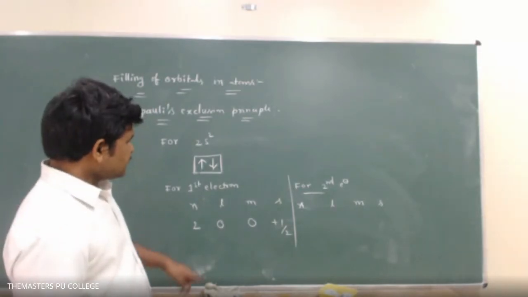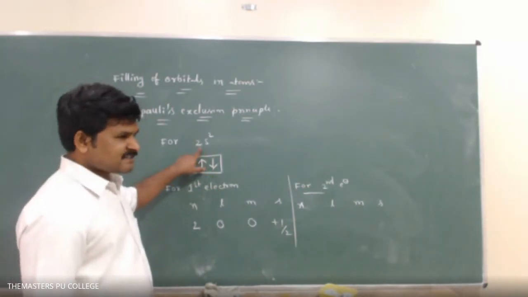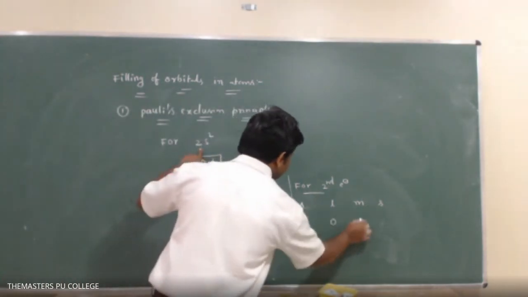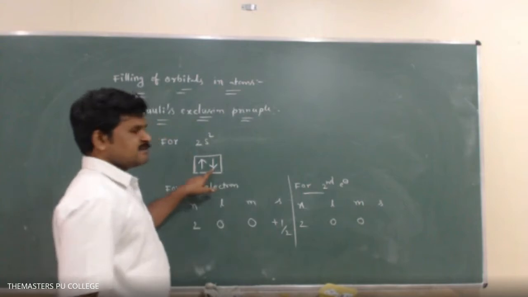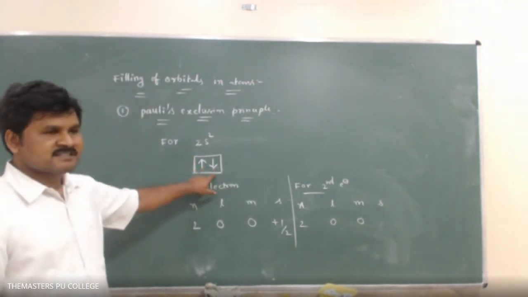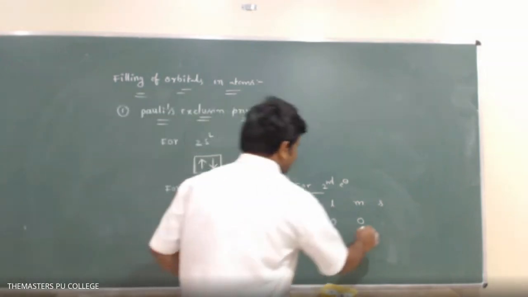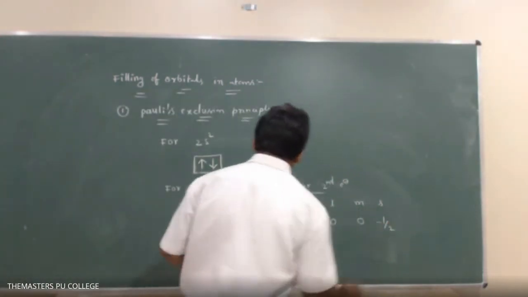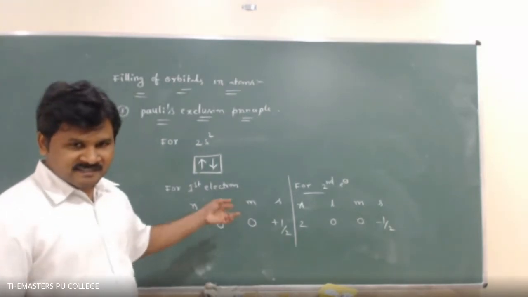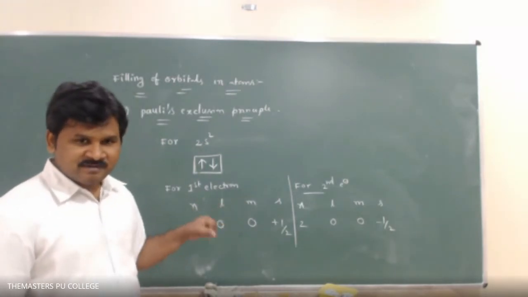Next, this electron is also present in the second shell, so n is 2, l is 0, and m is 0. But here the electron is in the second shell but opposite to the first one, so the spin is minus 1 by 2. Are all quantum numbers the same for the two electrons in the same atom?